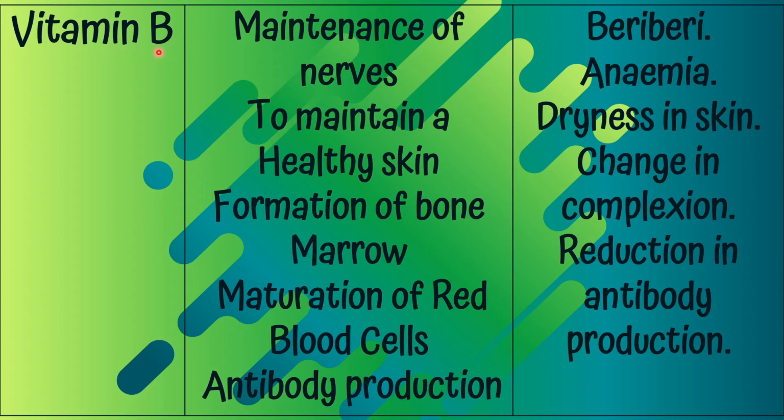Okay, then vitamin B. Maintenance of nerves, to maintain a healthy skin. Previously we talked about vitamin A actually. This is vitamin B. Formation of bone marrow, maturation of red blood cells, antibody production. And the deficiency symptoms are beriberi, anemia, dryness in skin, change in complexion, and reduction in antibody production.